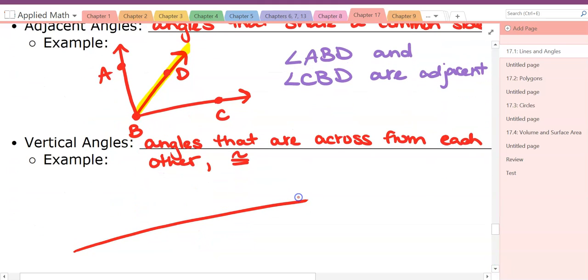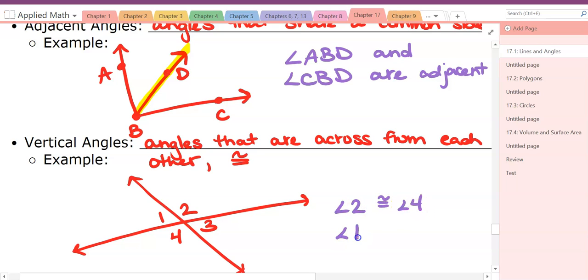So anytime you have lines that intersect, anytime you have lines that form that X, they're going to create adjacent or vertical angles. Your vertical angles would be 2 and 4, so angle 2 is going to be congruent to angle 4, and angle 1 is going to be congruent to angle 3. They're directly across from each other, and they're going to have the same measurement.